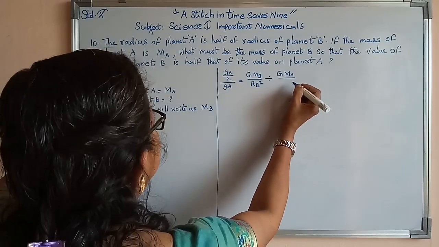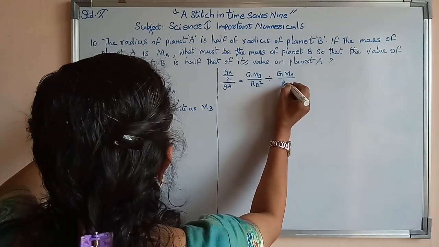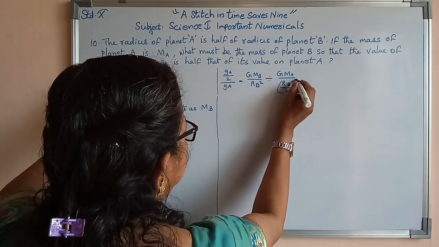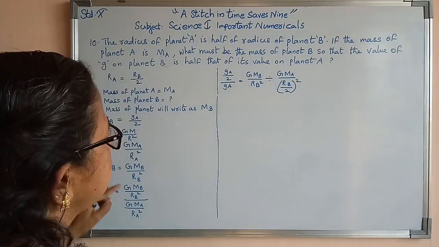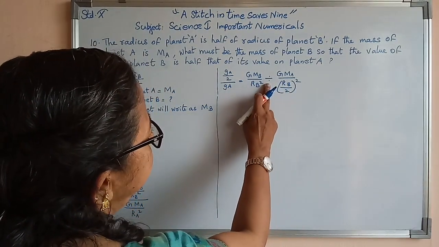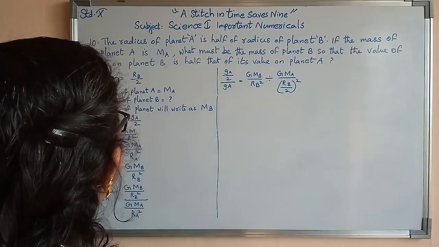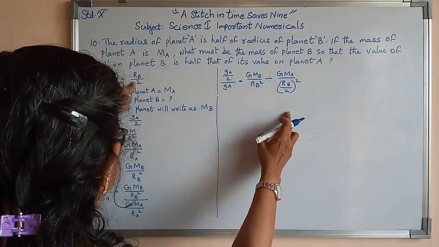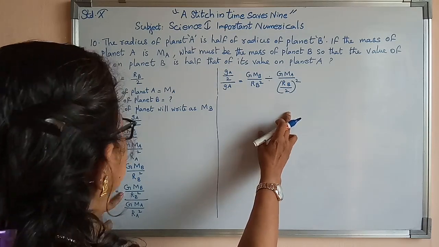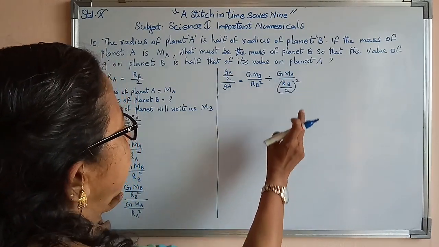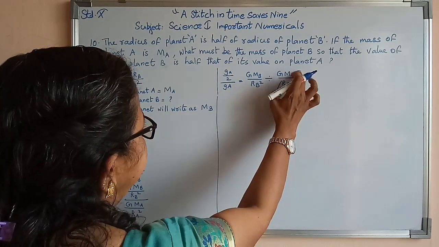RA, its value is given here, RB upon 2 whole square. Now here this division form is there. RA value we already have, that I wrote here, RB upon 2 whole square. Then we have Ma same as that, the mass of planet A, no changes there.